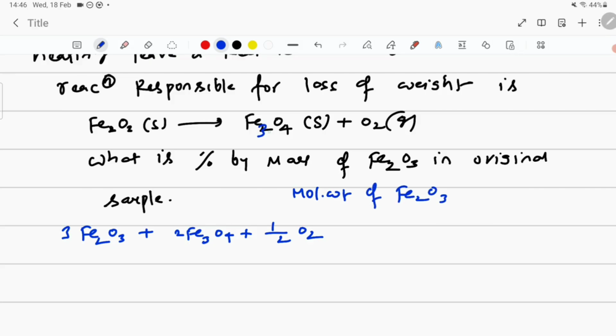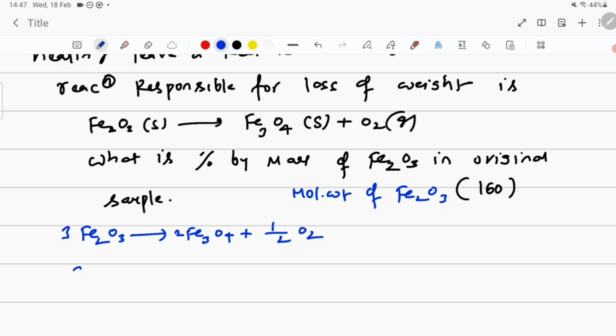Here it is Fe3O4. See properly, here Fe3O4, and here the molecular weight of Fe2O3, which is given in the question as 160. So 3 Fe2O3 giving 2 Fe3O4 plus half O2.